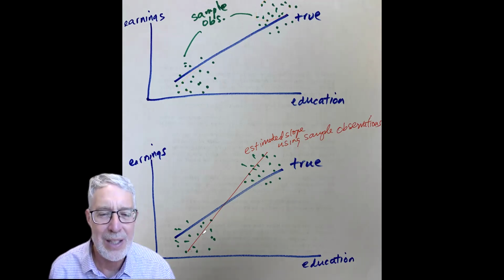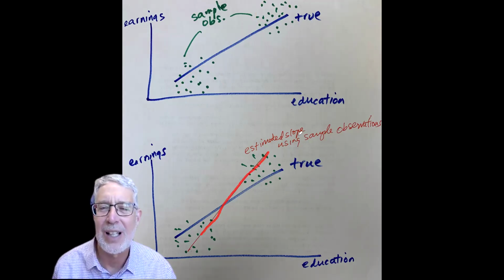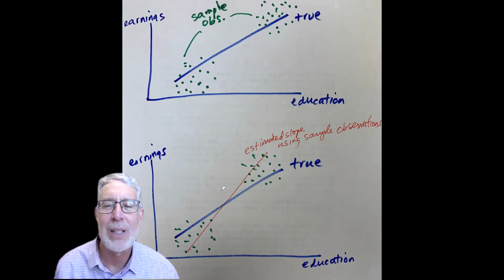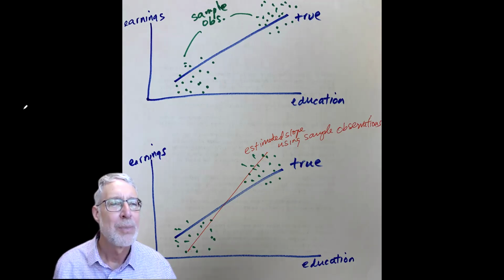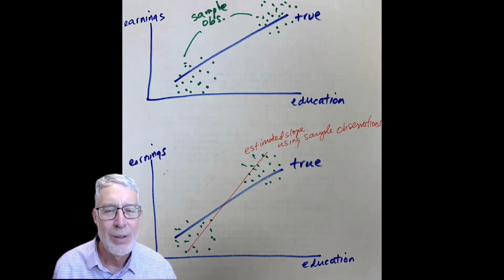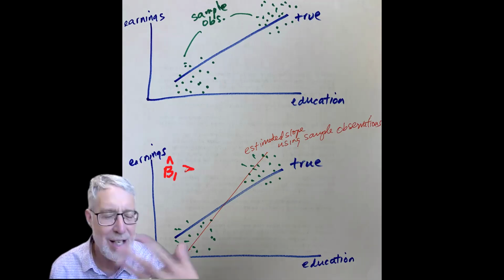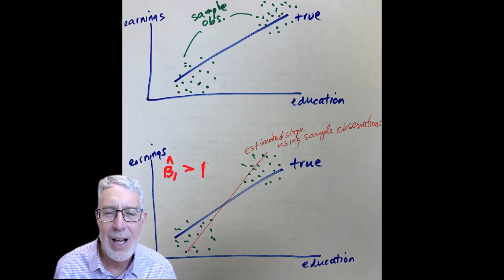Now, when we try and fit our best slope line through the dots, right, we're going to get something like this. The estimated slope using the sample observations is going to be steeper than the true slope. So we're going to have beta 1 hat, our estimated slope, on average, the expected value. We could think, because this is just one sample, we could have many samples, but on average it's going to be steeper than beta 1 true, right?